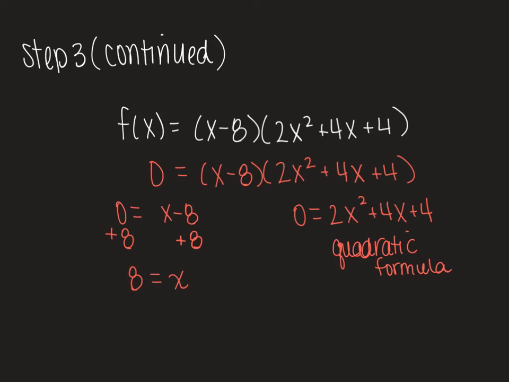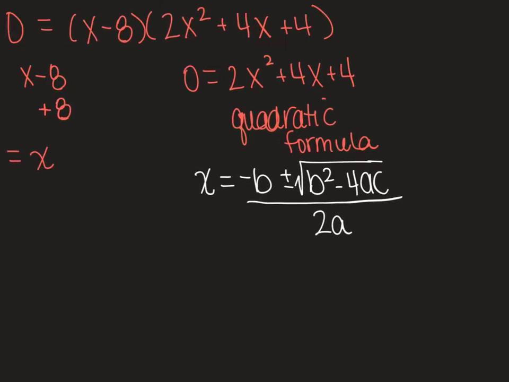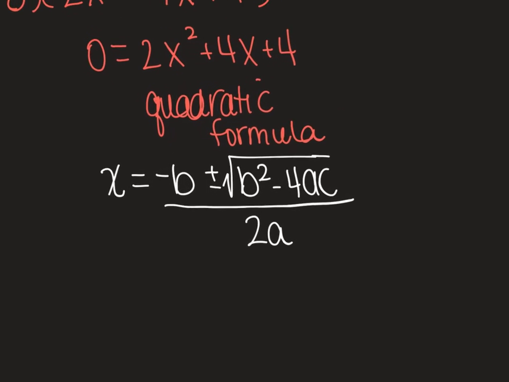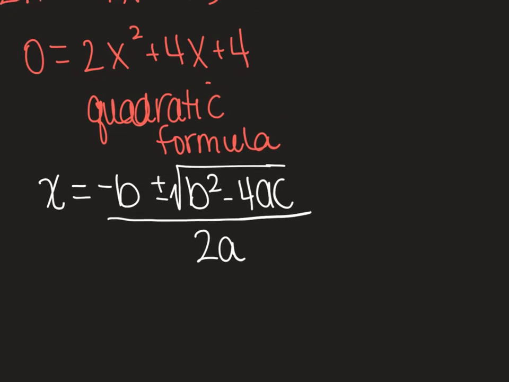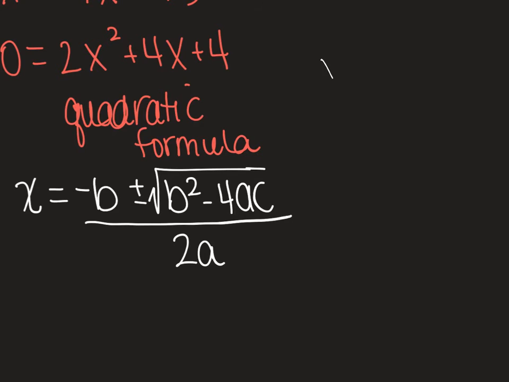Okay, so the quadratic formula will always work for quadratics, and if you remember it, it's x equals negative b plus or minus the square root of b squared minus 4ac, and the whole thing is over 2a. So we can just take our values from here, and I'm just going to zoom in, and we're going to plug in our a, our b, and our c. So we have our a, our b, our c.